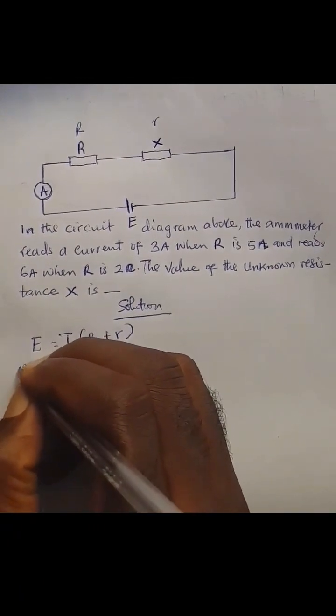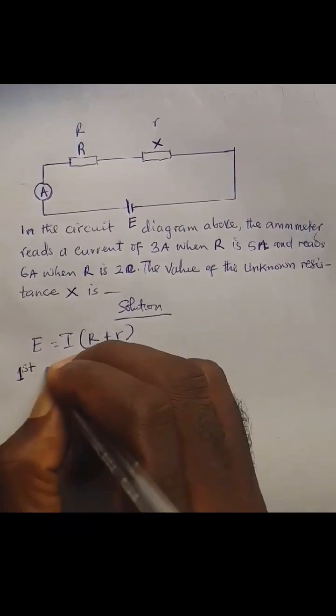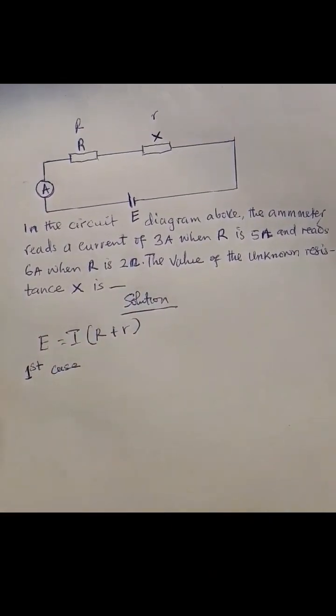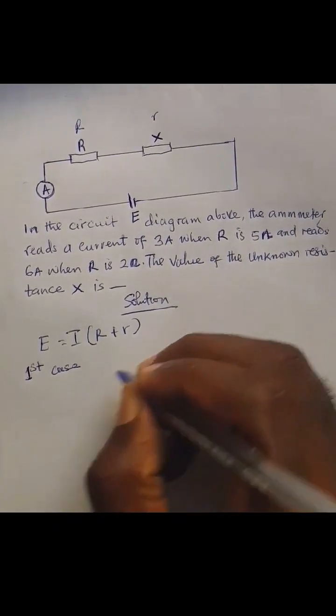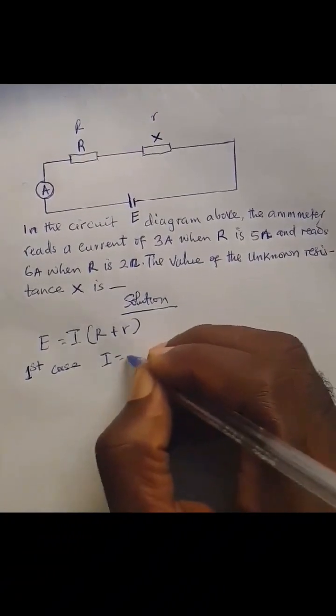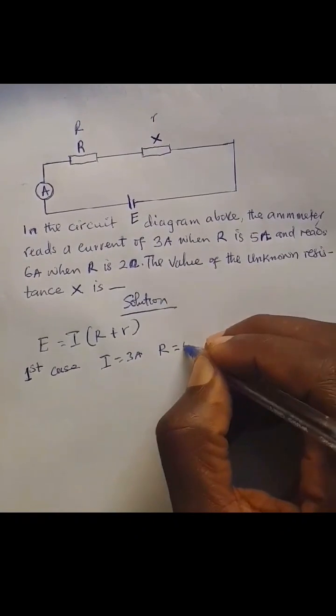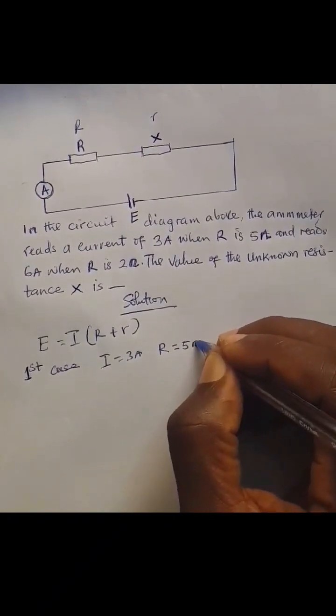For the first case, let's see what happened. The current that runs through the circuit happens to be 3 ampere and the resistance is 5 ohms. So for the first case, the current is 3 ampere and the capital R here is 5 ohms.